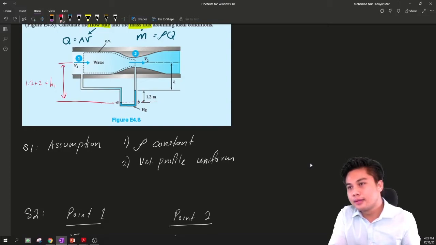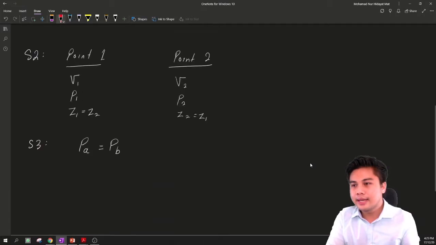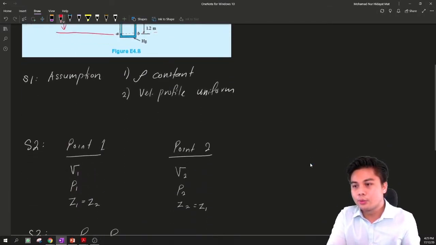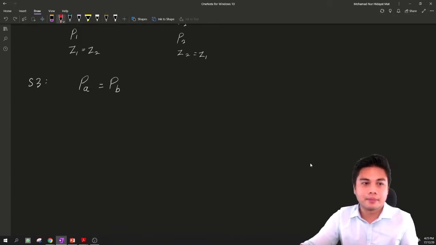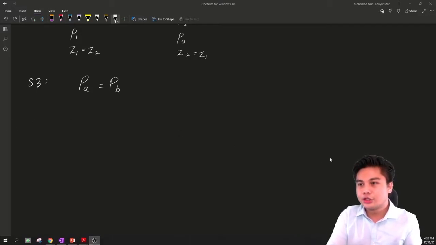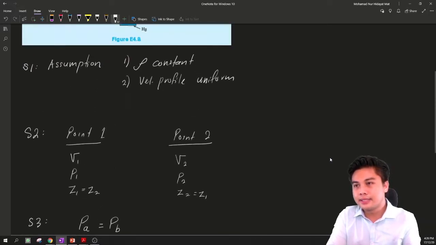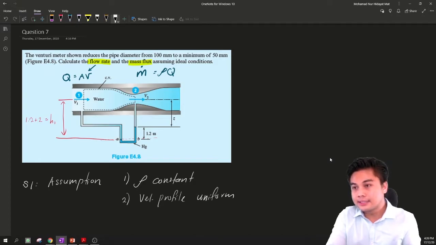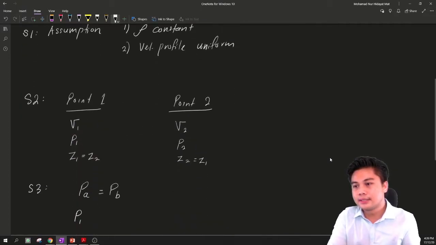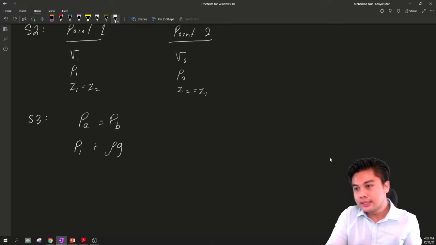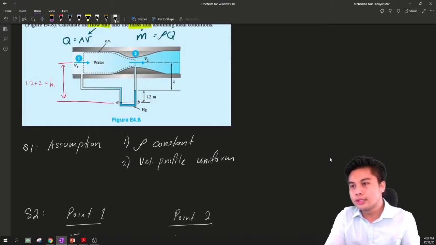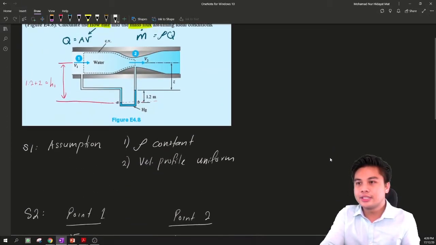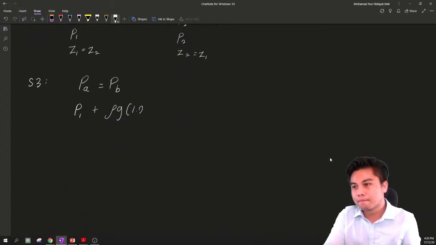So pressure at point A is, definitely, the pressure at 1 plus the pressure due to elevation at A, which is rho G of H. Remember, this is the density of water, because we have all this water. The H here is H1, which is 1.2 plus Z.